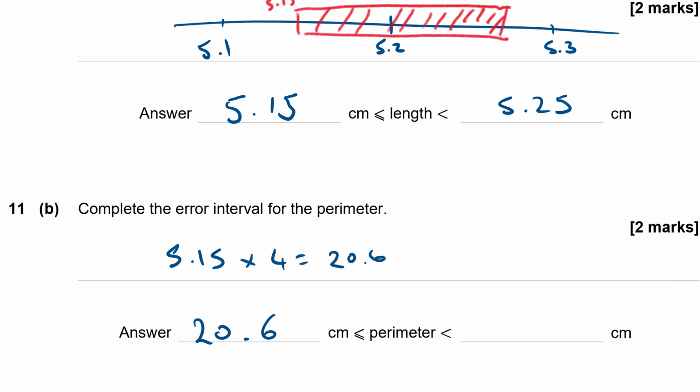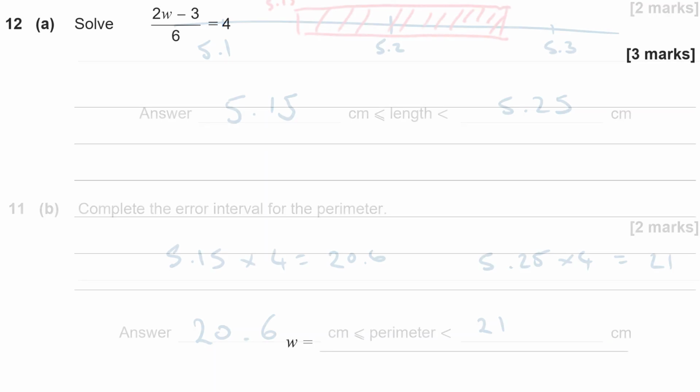Examiner's not a mind reader. And then my next one, 5.25 times 4 is just 21, isn't it? Okay, so my range is going to be 20.6 to 21.